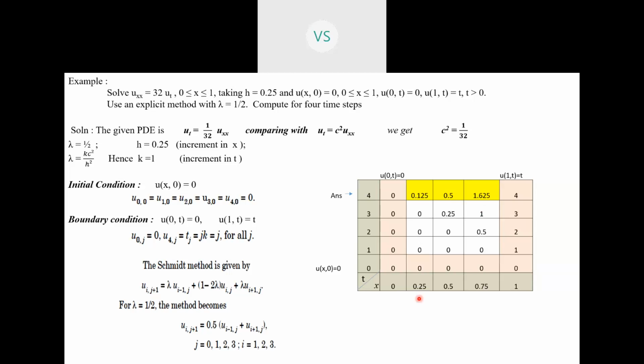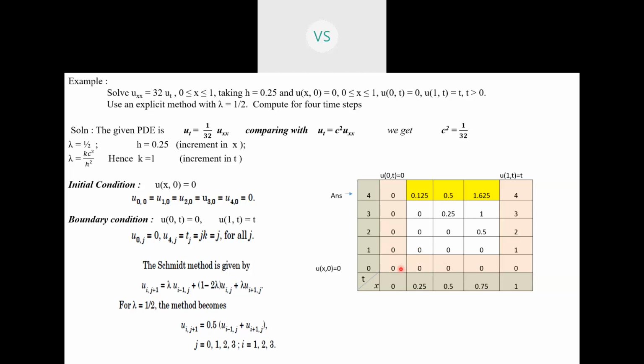Suppose consider this point over here. This node, you have to find the value of this node. For this point, this will be the left term, this will be the middle term, and this will be the right term. Okay, so what is the formula?